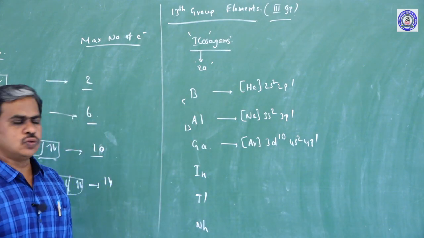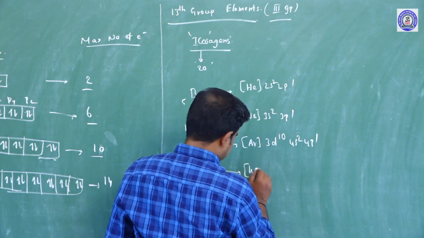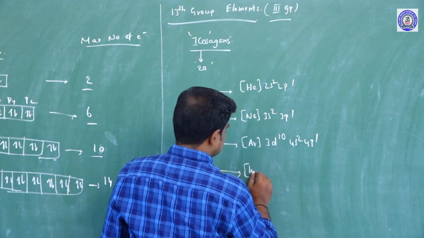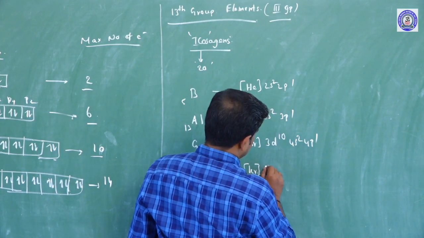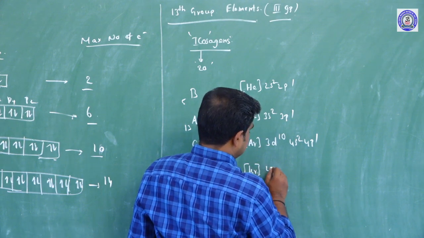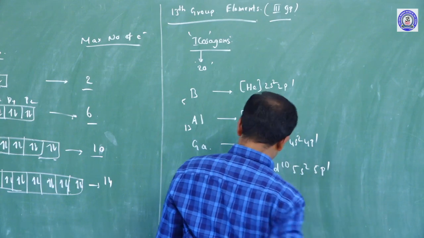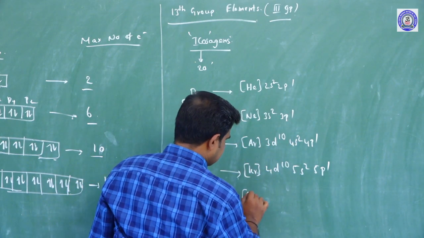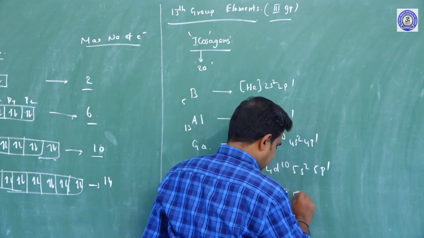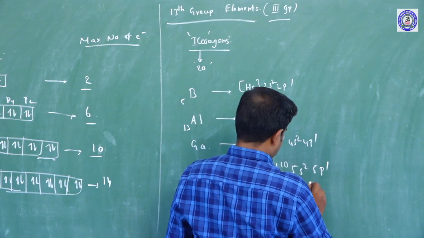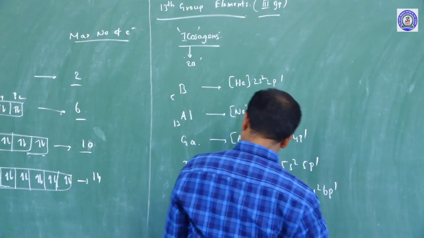Indium is krypton 4d10 5s2 5p1, and thallium is xenon 4f14 5d10 6s2 6p1.